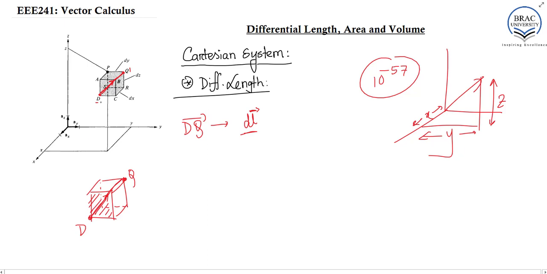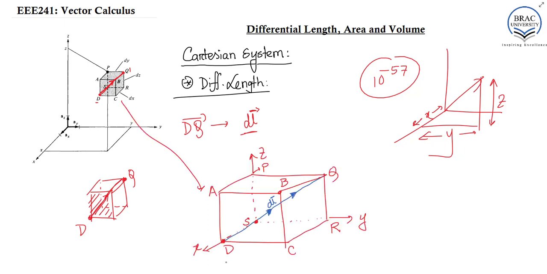Let's say you are willing to go from the D point to the Q point. Let's zoom this picture over here. The vector connecting these points is the dl vector, and we're trying to break it down into its components.